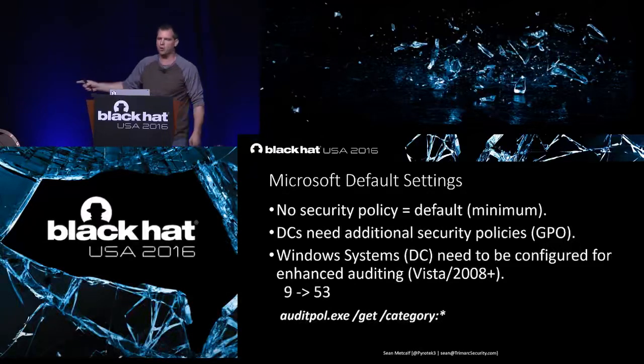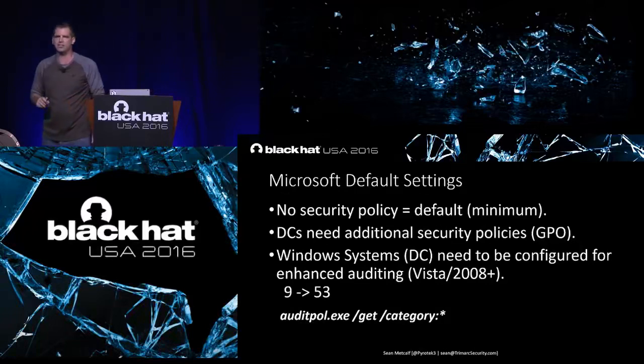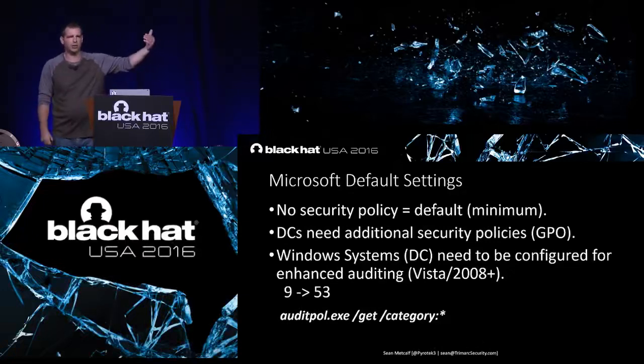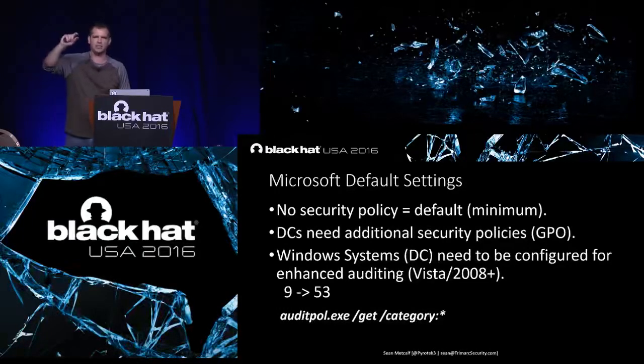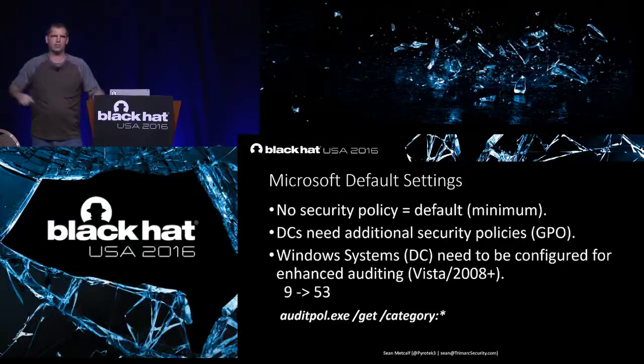You can run this audit poll command to get good information about how auditing is configured on that system. One caveat here, if you think you've enabled subcategory auditing, but you have standard auditing already configured in your environment, and you haven't checked the box in group policy that says override the setting to use subcategory auditing, you're still using the standard auditing and only getting those 9 categories.